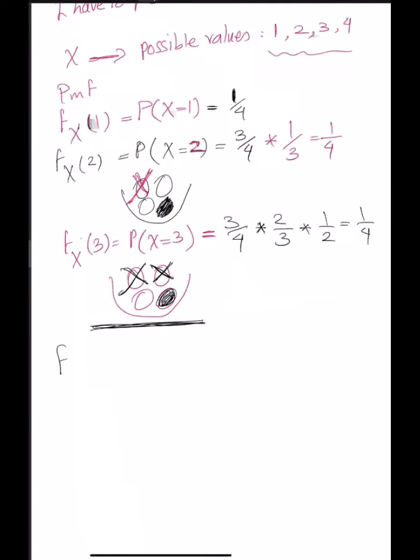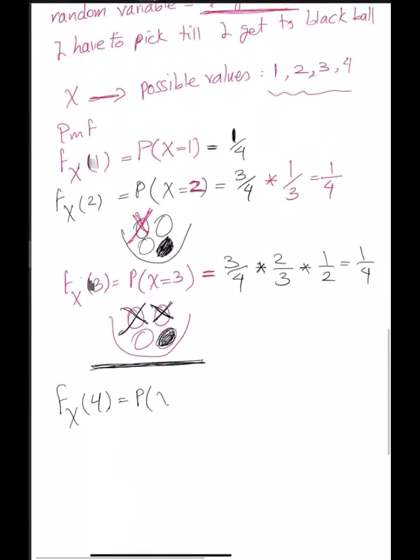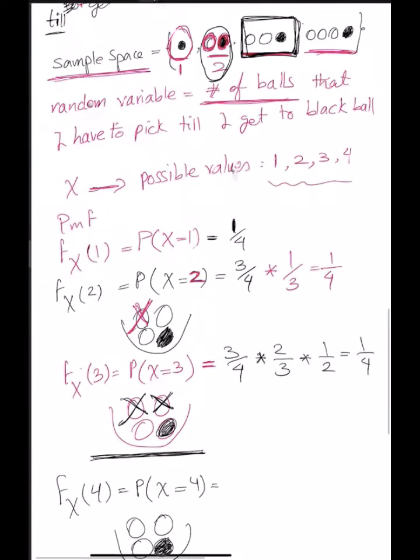And finally, what is the chance that x is 4, which means out of these balls, what is the chance that I need to pick 4 balls till I finally get to the black one? Which means the first one is white, the second one is white, the third one is white, the last one is black.